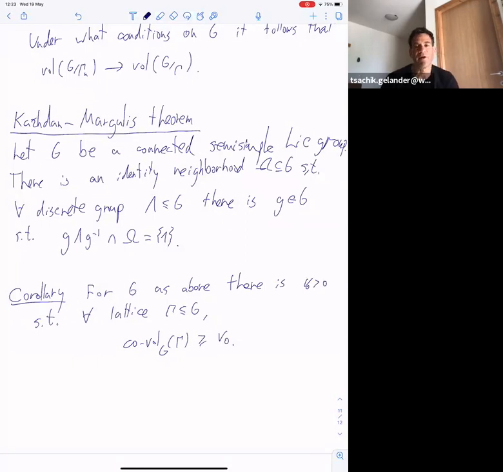In particular, it implies that there is a lower bound on the volume of hyperbolic three-manifolds. And then some people dedicated many years and very serious and hard mathematics to calculate and find the lowest volume manifold. So it's not trivial at all. But the fact that there is a lower bound is due to this elegant theorem by Kazhdan and Margulis.